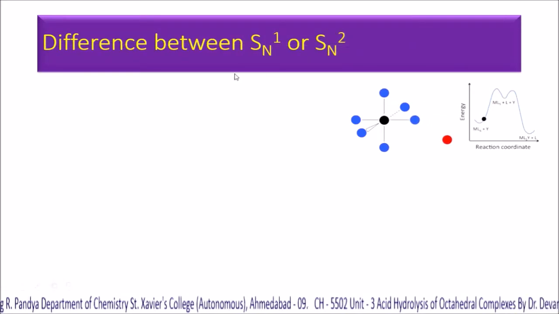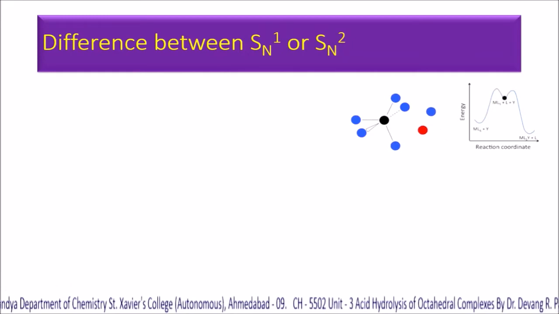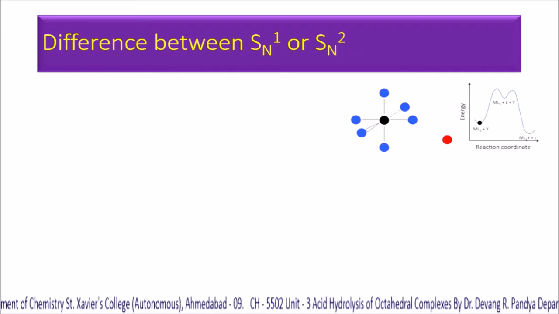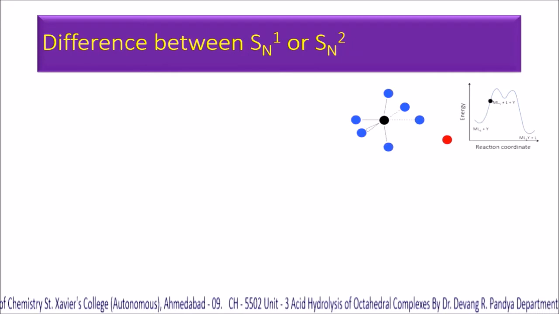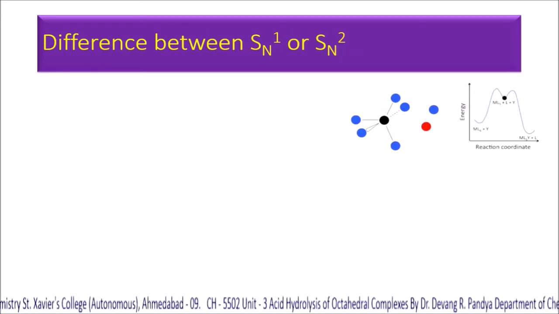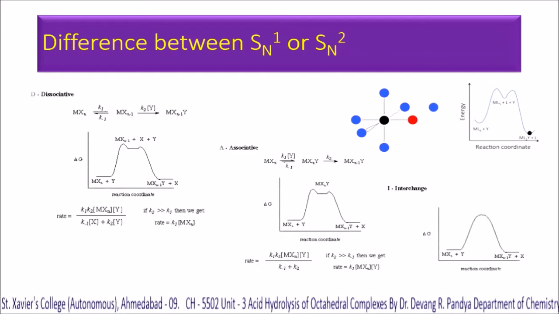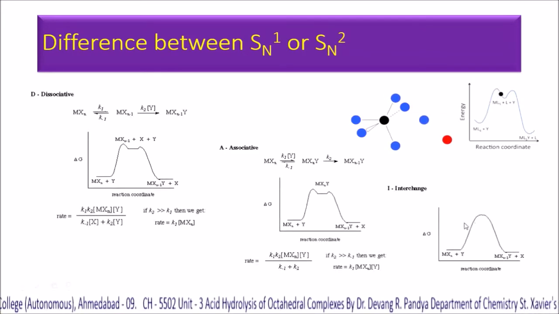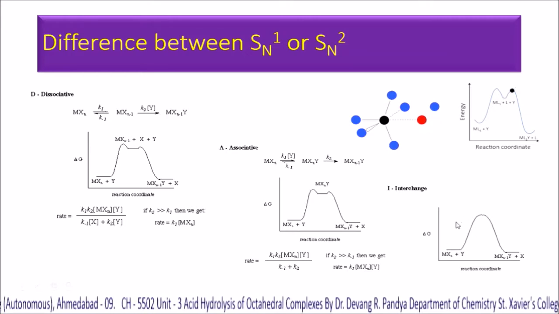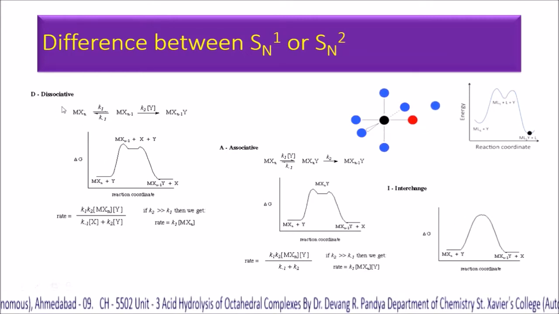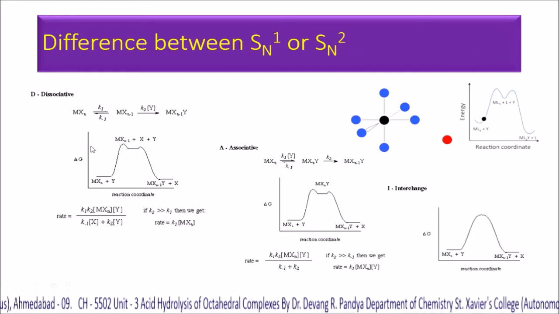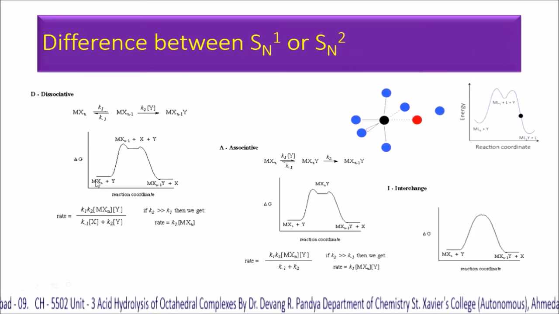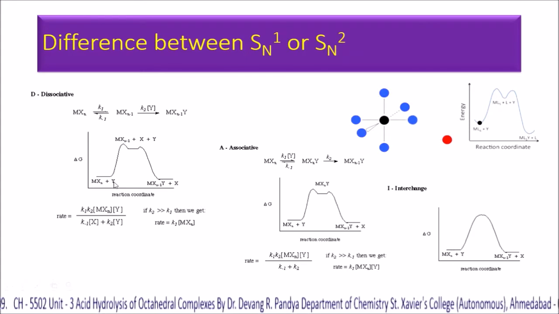Actually, there is a very minor difference to distinguish whether the reaction undergoes an SN1 or an SN2 mechanism. Here we have given you two different diagrams for this, and the third one as well. Now, dissociative, that is SN1 mechanism: this is the complex and this is the attacking nucleophile.